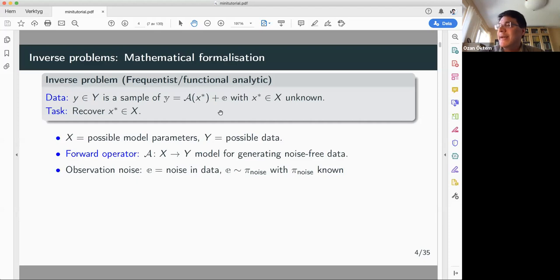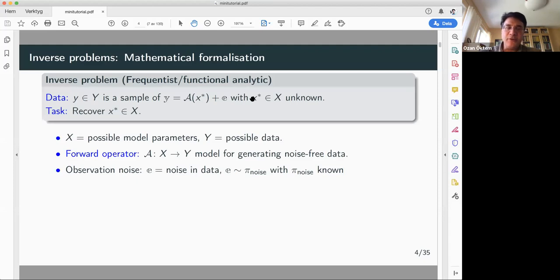You can already start discussing how to use machine learning with this formulation of the inverse problem. But as Carola indicated, you actually have more flexibility in how to use machine learning if you adopt a broader, more general interpretation of an inverse problem. In particular, we are also going to assume that the model parameter, which in the context of imaging is the image we want to recover, is also generated by a random variable.